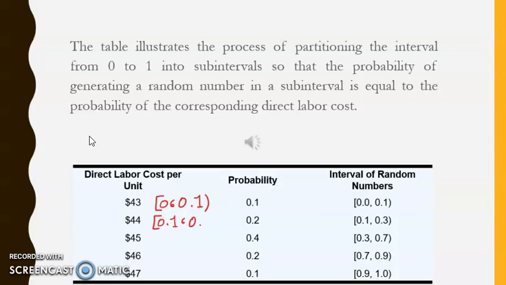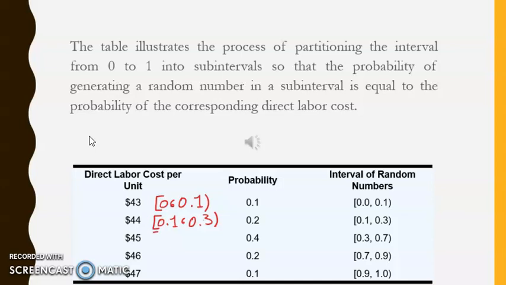It is 0.2. So 0.2 plus 0.1 would be 0.3. And why is the length of 44 twice the length of 43? Because the probability of 44 is twice the probability of 43.